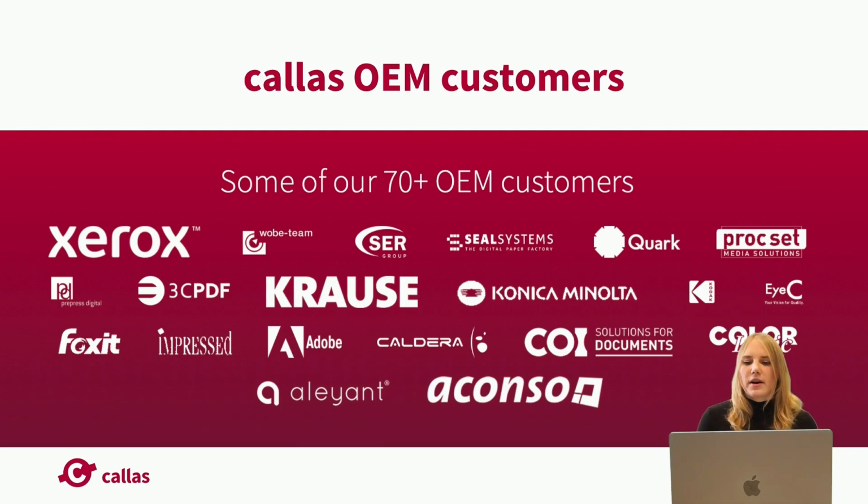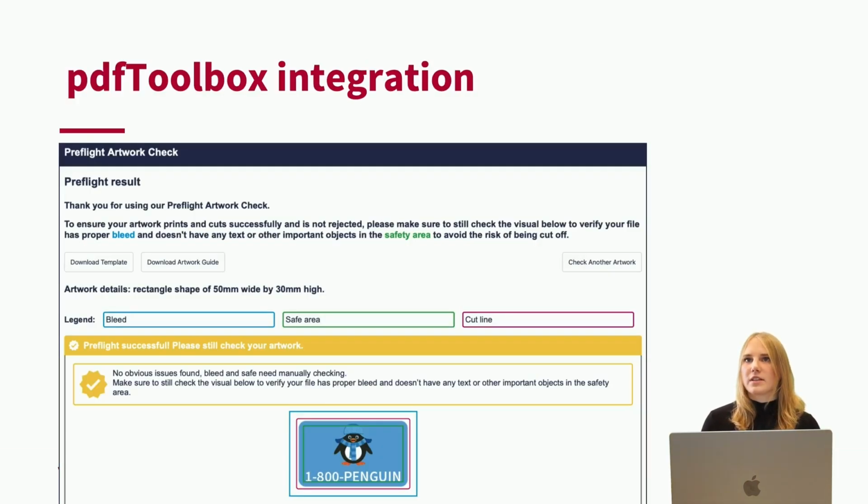Maybe just to give you an idea, here is a short selection of some of our OEM customers who have integrated the callas technology into their own solutions. And since we talk about integration, and maybe that's a good end to this webinar, I would like to show you two examples of how the technology can be integrated, for example, into a web portal to automatically check and edit PDF files.